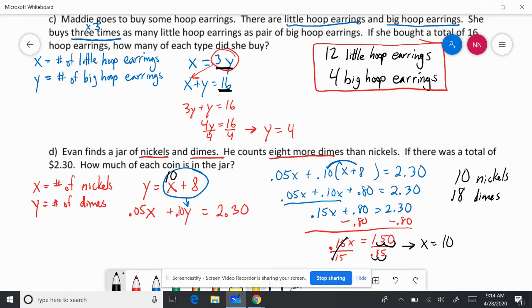Now, just to make sure that we're doing this correctly, 5 cents per nickel times 10 gives us 50 cents. And 18 dimes gives us $1.80. That adds up to $2.30. So we know we did it correctly. And that right there would be our answer.